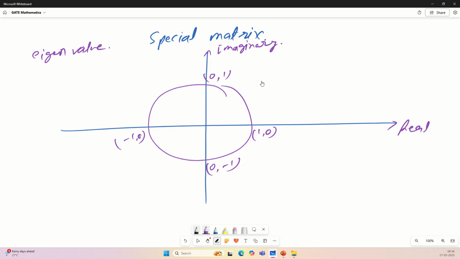Okay, so eigenvalues of different matrices will be what, that you will find out here. Okay, so let us say the eigenvalues of all the skew Hermitian matrix is what, or first of all we'll talk about Hermitian matrix or symmetric matrix. So it will be real, right? So the eigenvalues will be real for symmetric or Hermitian.